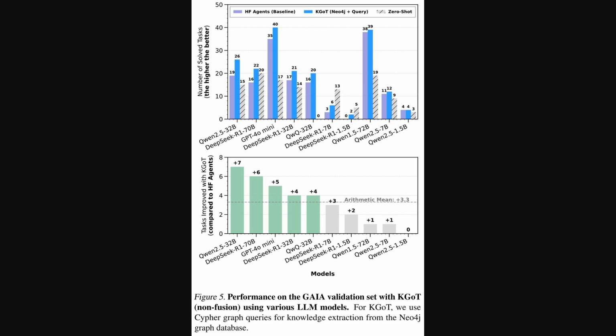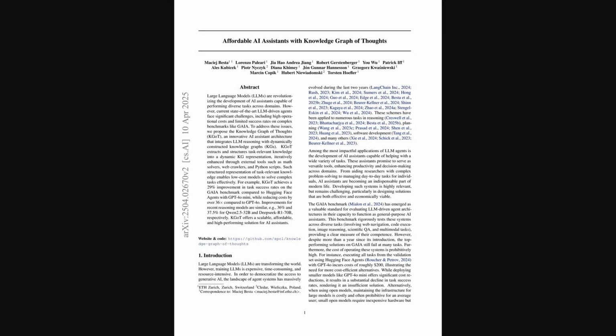And the bottom chart really highlights the lift, showing how many more tasks KGoT solves compared to the baseline for each model. It demonstrates that the KGoT advantage isn't specific to one model. It generally helps across the board. So yeah, it's pretty clear KGoT offers a general boost regardless of the specific language model you plug in.